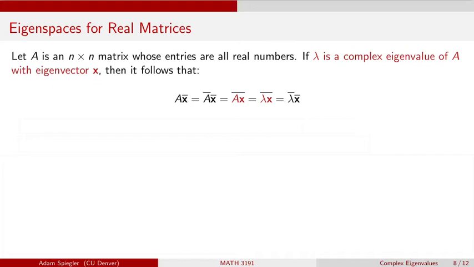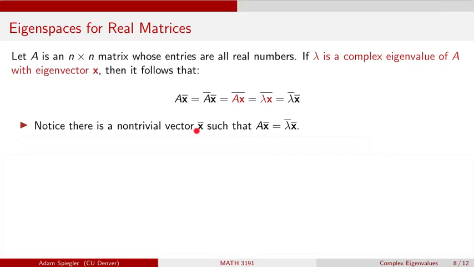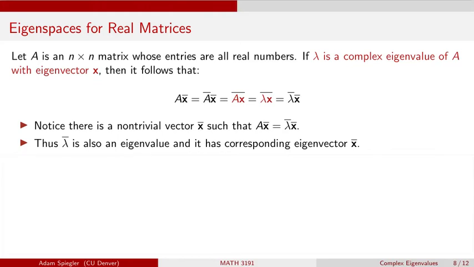So what we can see from this equation is that we have a non-trivial vector x bar, so that multiplying x bar by the matrix A is equivalent to multiplying x bar by the scalar lambda bar. So this tells me that x bar is an eigenvector for the eigenvalue lambda bar.